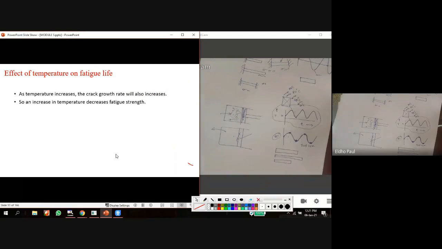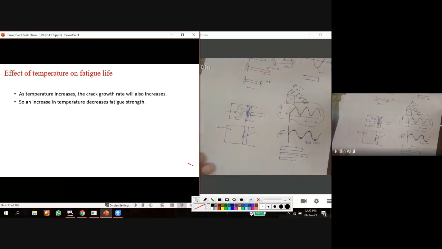So, the effect of temperature on fatigue life: as the temperature increases, the crack growth rate will increase. So the increase in temperature decreases the fatigue strength. It's not a cyclic temperature here. Even at a high temperature, the fatigue life will reduce, because when a crack is formed, the propagation of the crack is accelerated by increasing temperature.